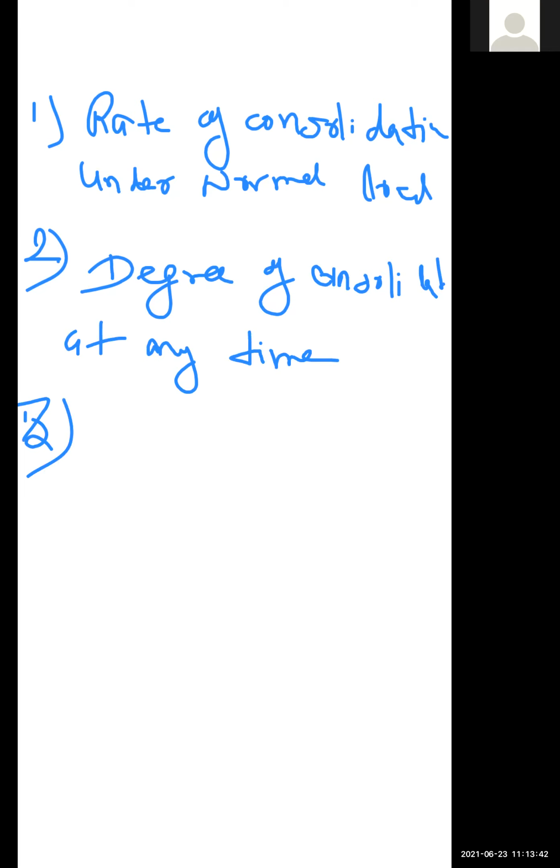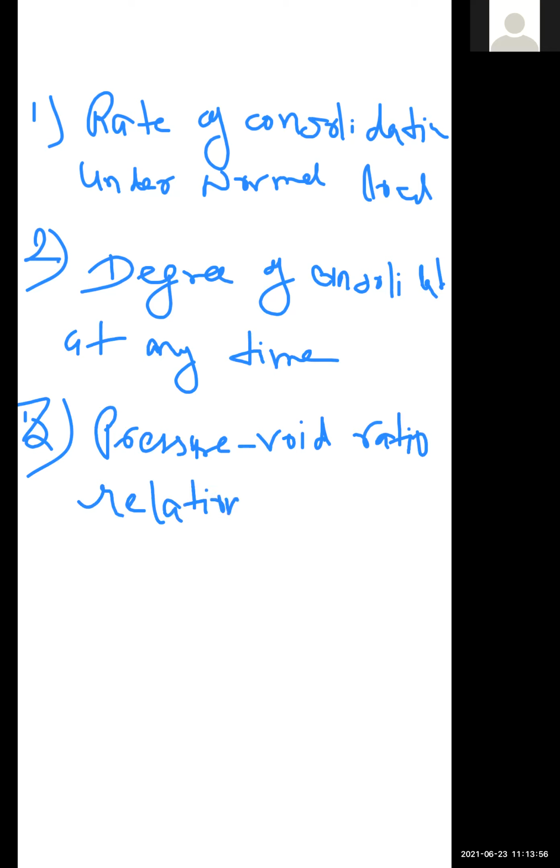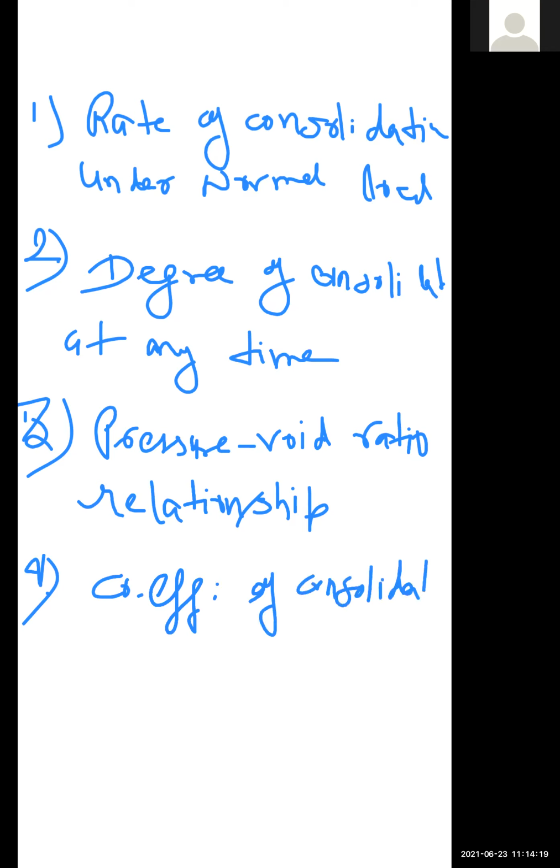Third is the pressure void ratio relationship. Fourth is the coefficient of consolidation at various pressures. And fifth is the compression index, that is Cc.